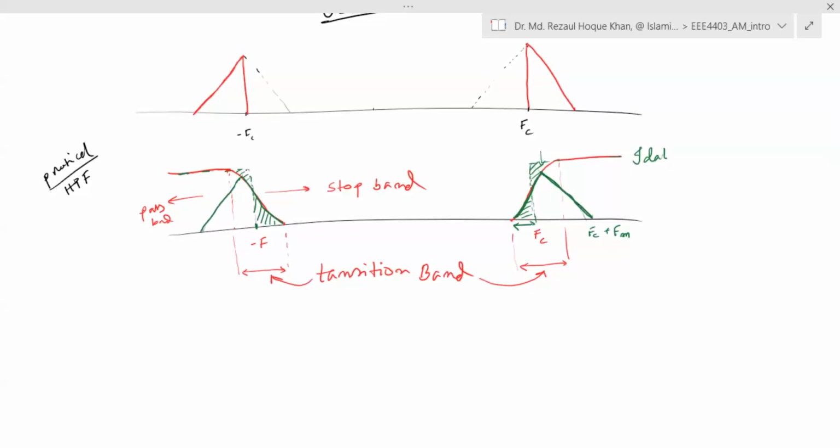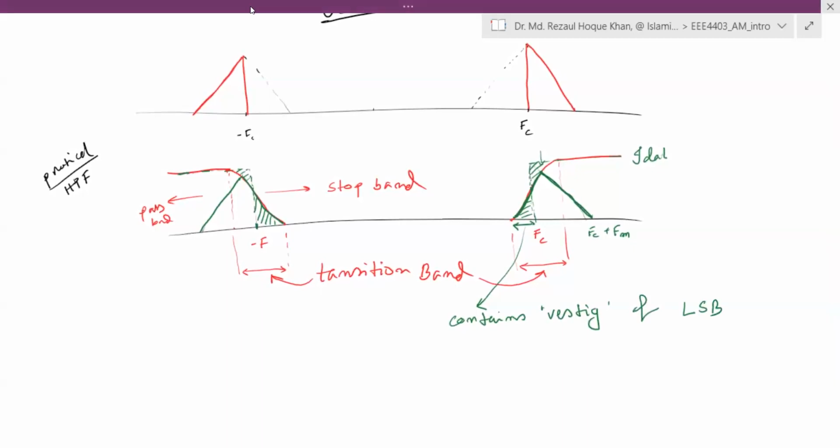So here, because of this extra portion, this one is called vestigial. It contains a vestige of the lower sideband.